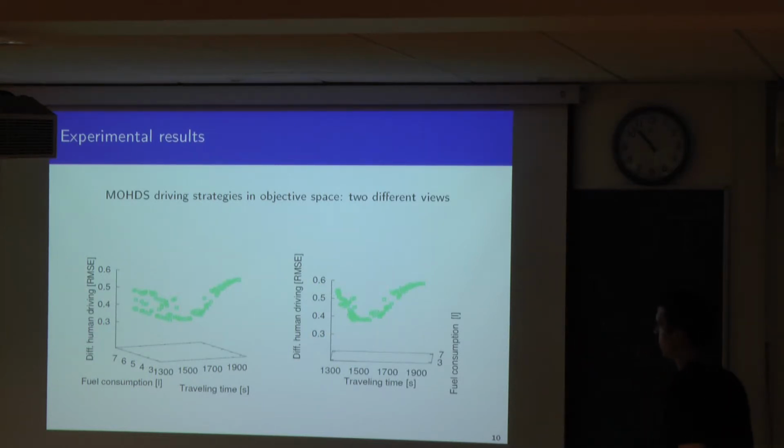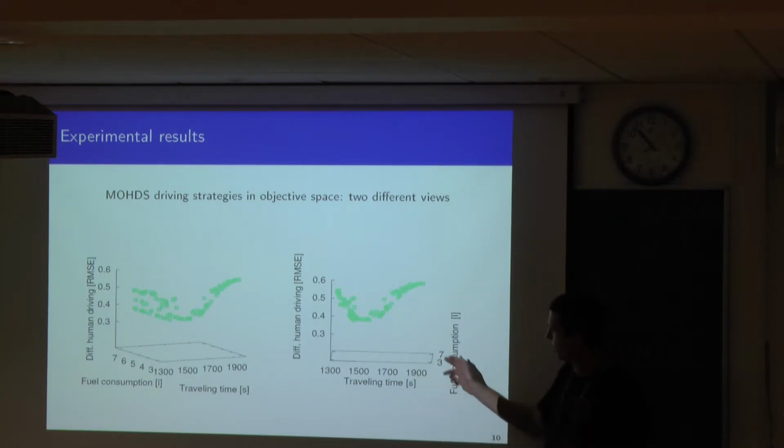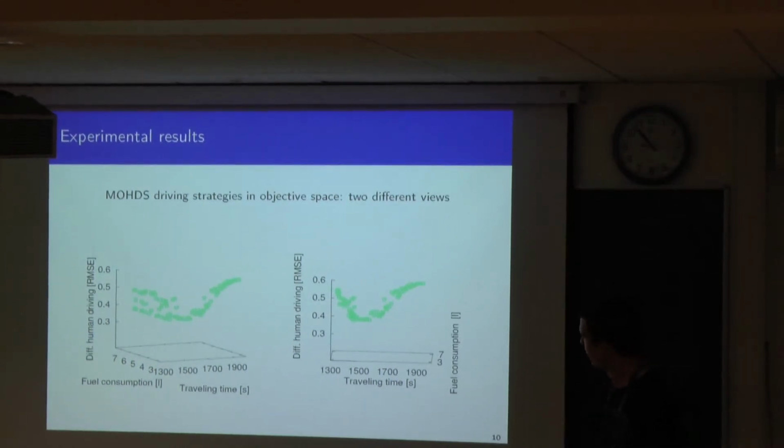And here are the results. So these are the driving strategies obtained with the algorithm in the objective space. We have 3 objectives: the traveling time, the fuel consumption, and the difference with human driving. These are just 2 views.